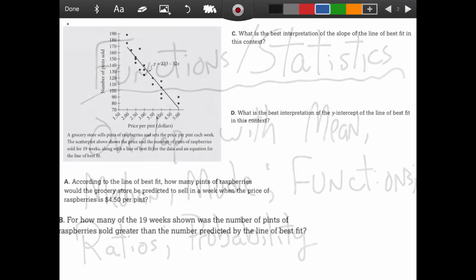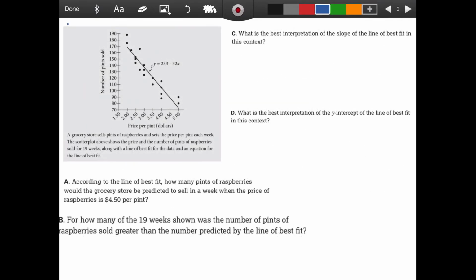This is a very good example to begin our study of functions and statistics, because there are so many different ways that the SAT or College Board could ask you about this single context. Here we have a scatter plot, and it's a grocery store selling pints of raspberries, and they set the price per pint each week, and it represents 19 different weeks.